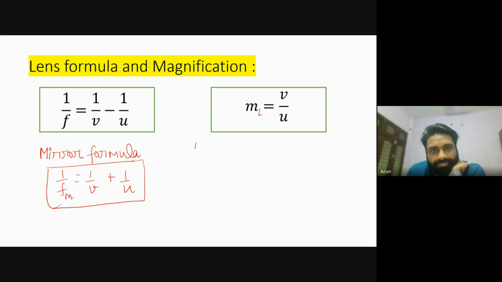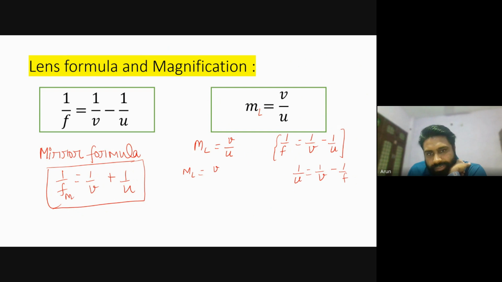So ml is equal to V upon U. We know that 1 upon F is equal to 1 upon V minus 1 upon U. So 1 upon U is equal to 1 upon V minus 1 upon F. Put this here: ml is equal to V into 1 upon U, right?